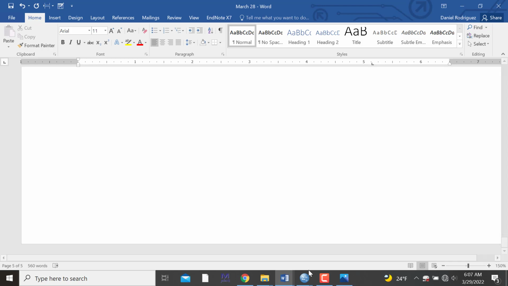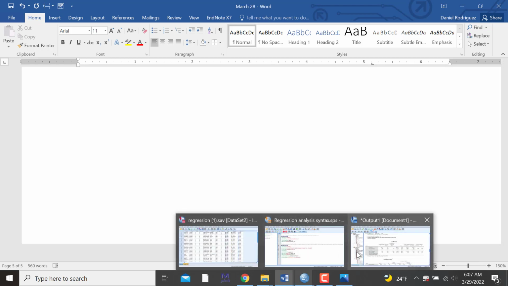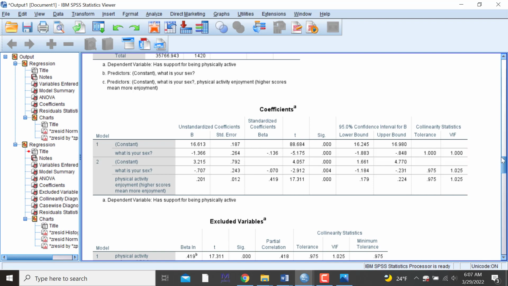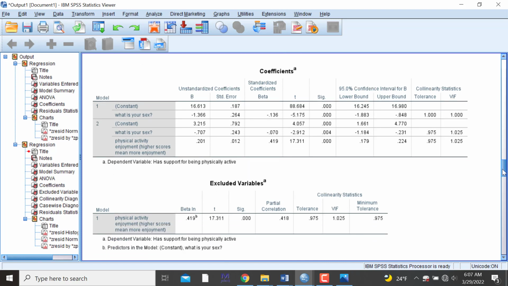All right, let's just take a look at our results here. Okay, so here's our tolerance and VIF. Tolerance is very high. That means 98% of the variance in each of these variables is not accounted for by the others. And VIF is good too, right? 1 divided by tolerance is VIF.